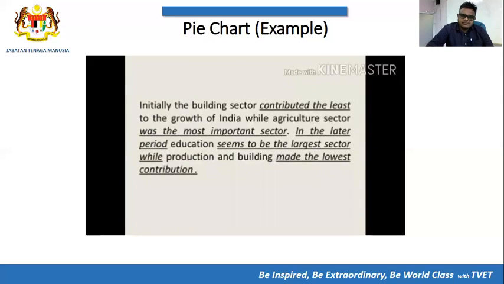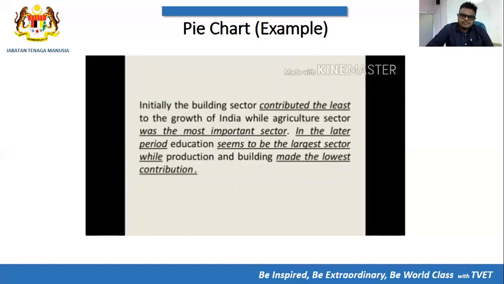Now here, dear students, we can see how the second paragraph is written. In the second paragraph, you can see the building sector contributed the least to the growth of India, while the agriculture sector was the most important sector. So here we have shown the 2010 pie chart. In 2010, we have seen agriculture is most important.